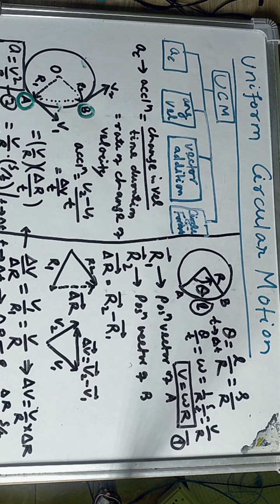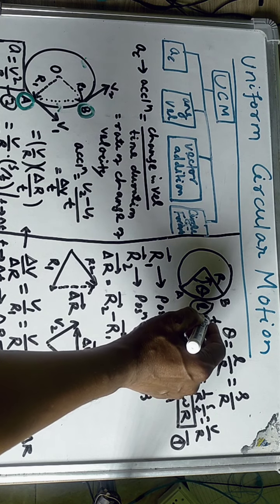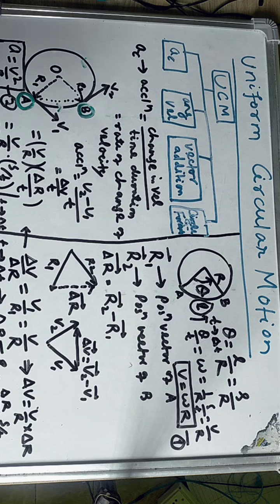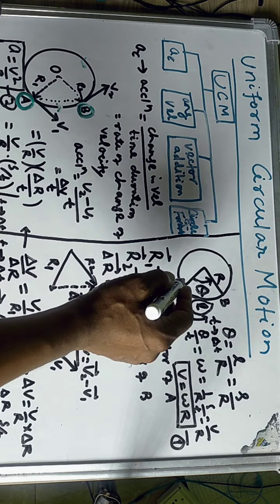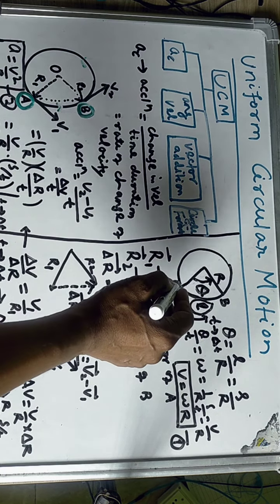Second point is, during this linear distance covered, it makes an angle theta at the center.